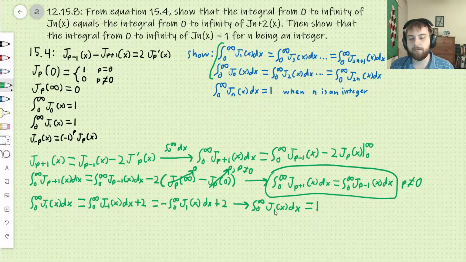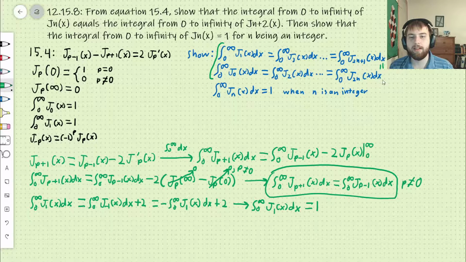But now that we know that the first order is 1, then we know that all the rest of them are equal to 1. So we can now say that all of these, you can't see that because it's behind my webcam, are equal to 1.